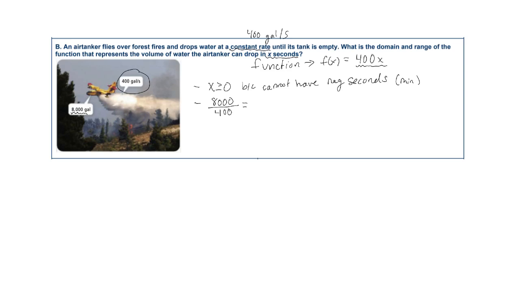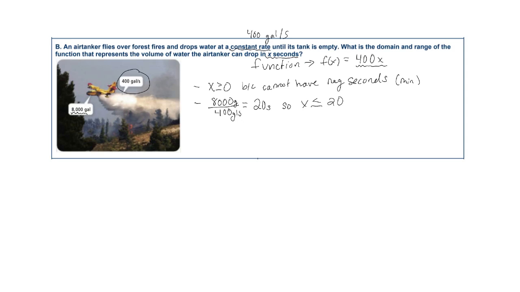So we're going to represent this as 8,000 gallons divided by our gallons per second. So the max amount of seconds we'll have is 20 seconds, because 8,000 divided by 400 is 20 seconds. So our x needs to be less than or equal to 20.